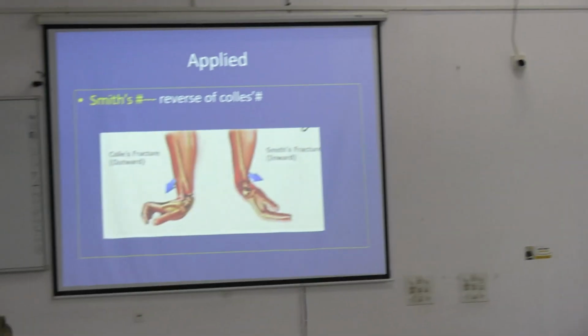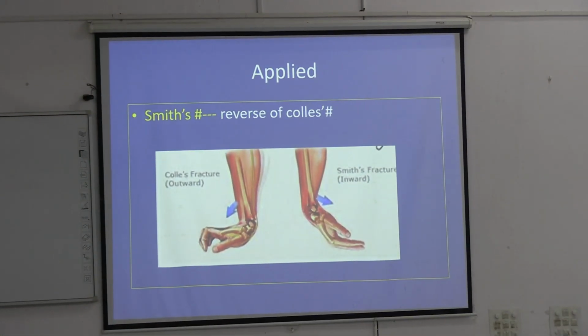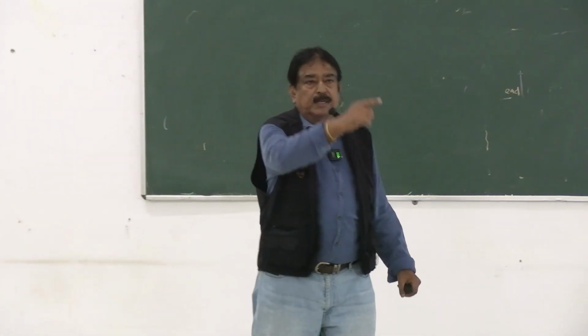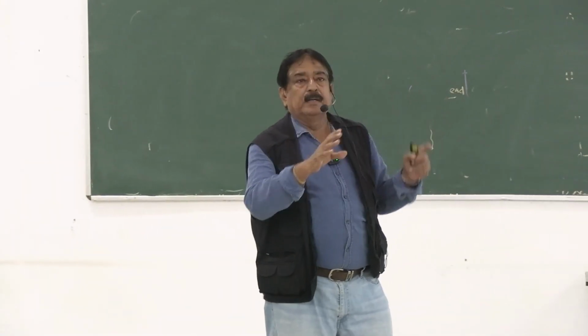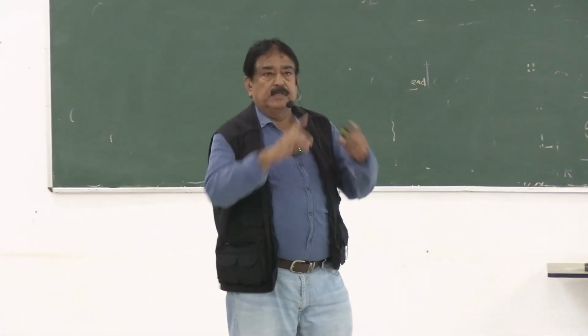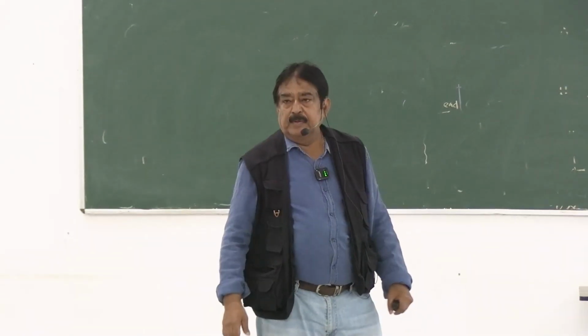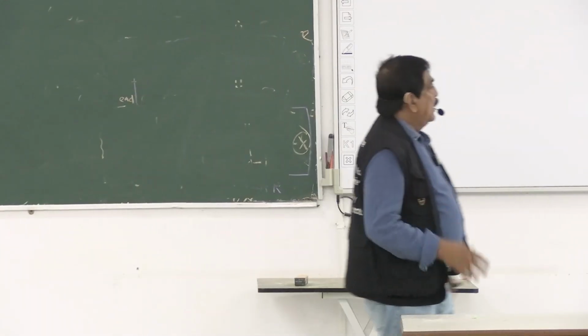Nowadays it is easy because of the C-arm X-ray. Whatever you are trying to reduce, whether you are putting a plate on a fracture or a rod inside, you can view on the screen if it is going in straight. So you use technology accordingly.